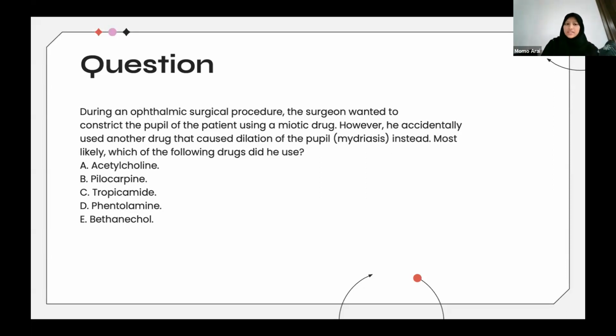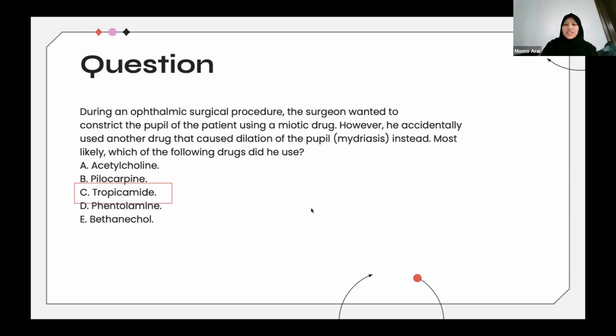Because it inhibits parasympathetic, more sympathetic action, and it causes dilation. Okay, so someone said C. Okay, C. So good, yeah, the answer is C, tropicamide.